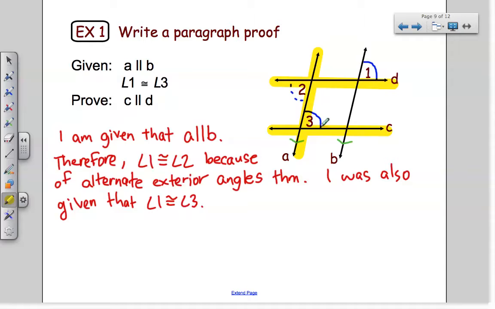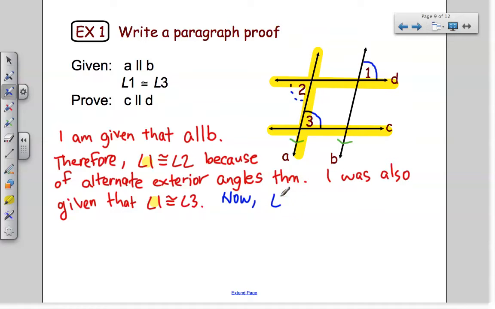And if alternate interior angles are congruent, ta-da, the lines are parallel by the alternate interior angles converse. Remember, the converse says the lines are parallel? So now I just need to show that 2 and 3 are congruent. And are they? Well, right here I had angle 1 was congruent to angle 2. I have angle 1, again, is congruent to angle 3. Aren't 2 and 3 congruent by the transitive property of congruence?